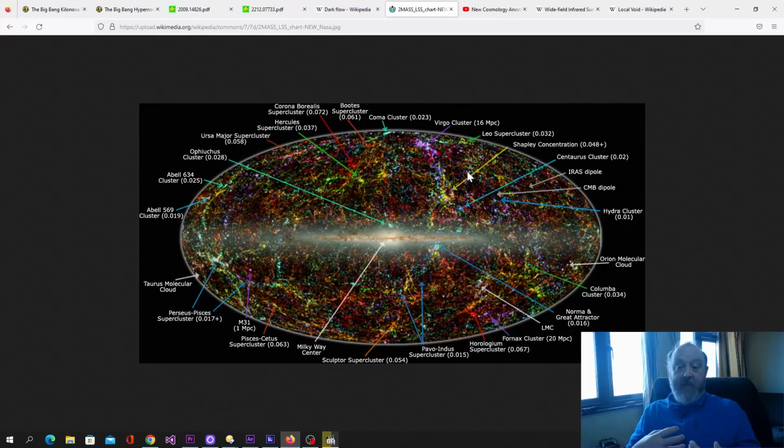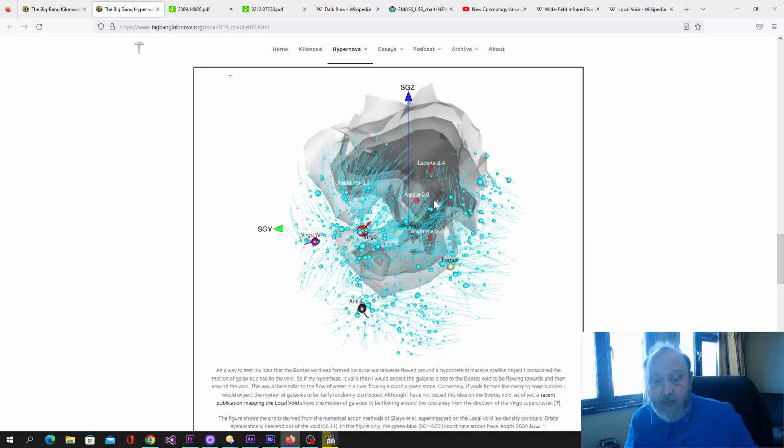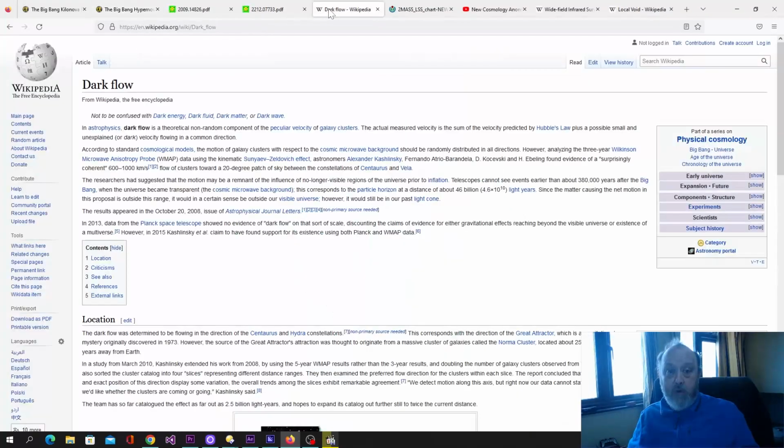We may not be able to see them, but the gravitational effect exerted upon the Milky Way galaxy, the Andromeda galaxy, and the local group is to pull us in that general direction, and that pull is called dark flow.